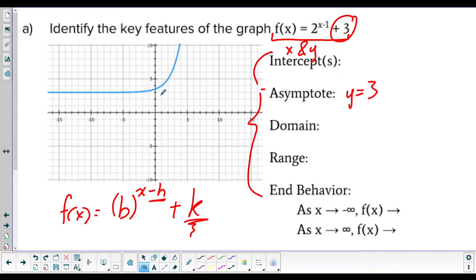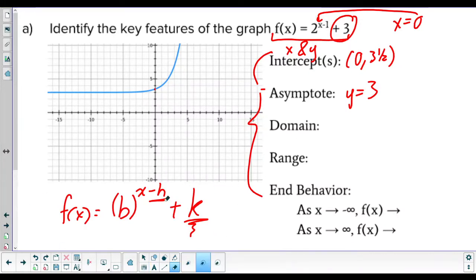For our intercepts, we can see right here, it crosses the y-axis. This looks like (0, 3.5). And we could check this. The way you check for a y-intercept is you plug 0 in for x into your equation and then simplify.